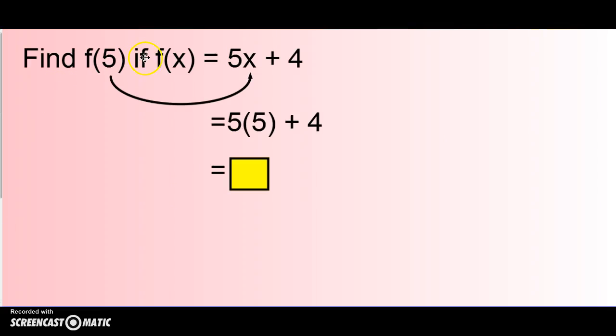Okay, so here's an example. Find the function of x if x is 5. You'd see it written here, and you would just substitute 5 for x. 5 times 5 is 25, plus 4, 29.